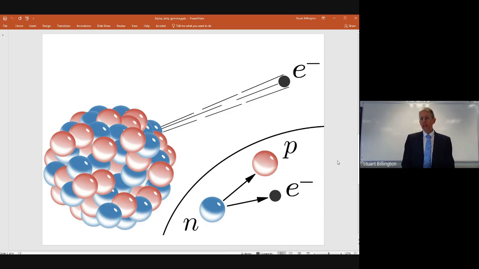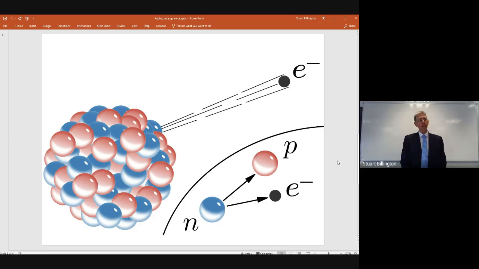But on a nuclear level, that's exactly how the world behaves. The nuclear world is fundamentally weird and very, very different to our meter-sized world. Remember, a nucleus is 10 to the minus 15 of a meter.